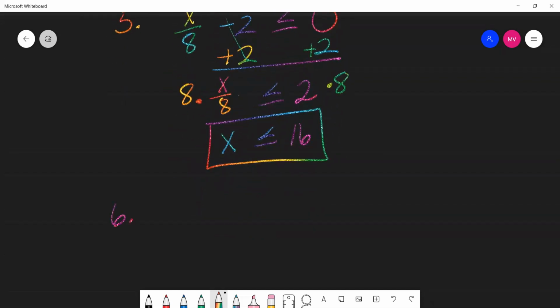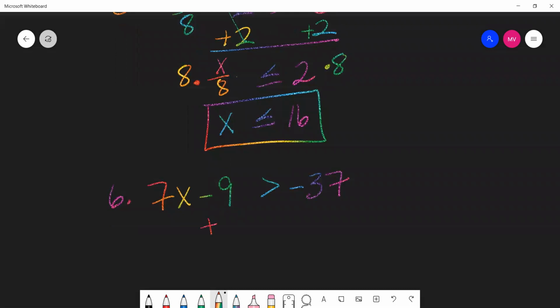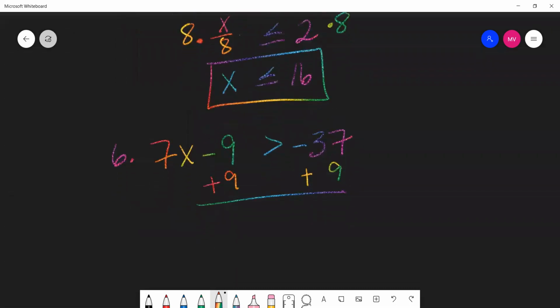Okay, next one, back to you, Andrew. 7x minus 9 is greater than negative 37. So we add 9 to both sides. 7x is greater than negative 28.